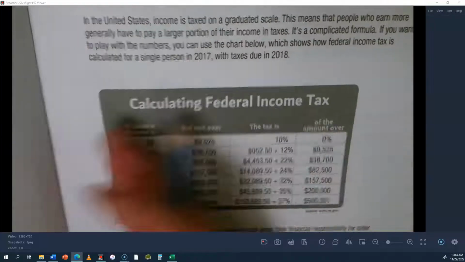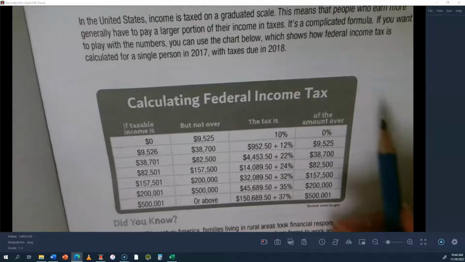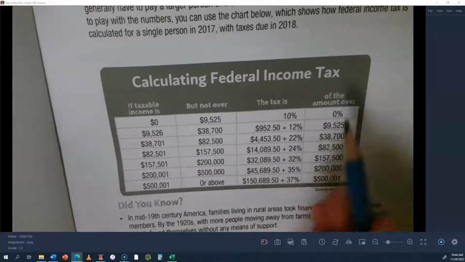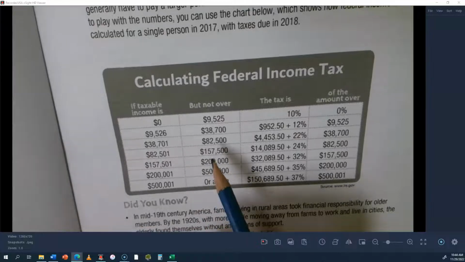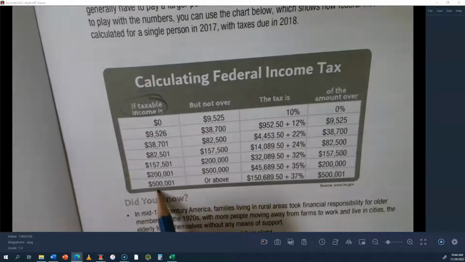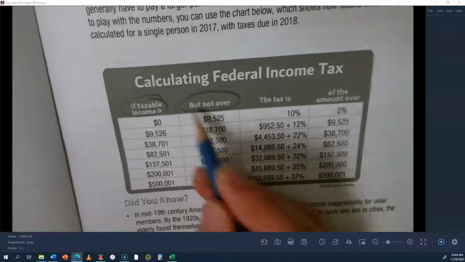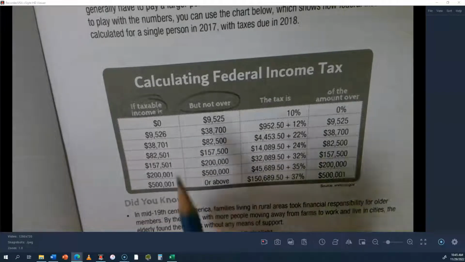So now we're going to take a look at your federal income tax, and I'll show you how to calculate your Social Security and Medicare taxes too. You've got to find where your salary fits in the range. So you've got, if your taxable income is at least this amount, but not over this amount. So you need to figure out which line you're on.